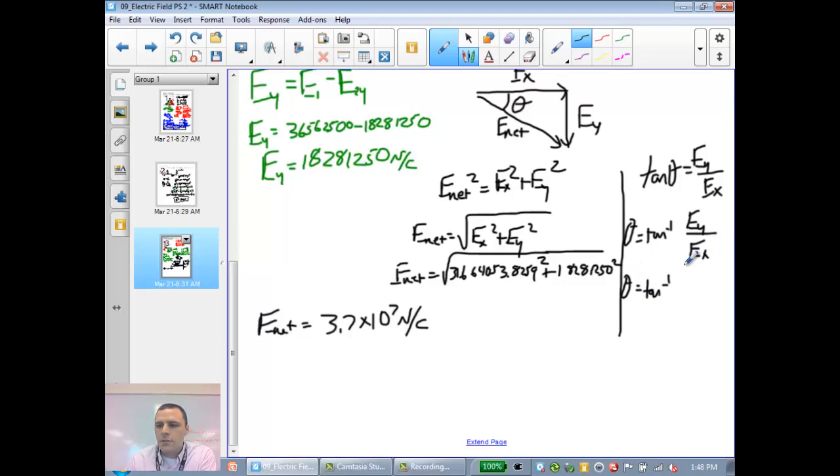Tan inverse of 18,281,250 divided by 31,664,053. I can't fit it on the screen, but you can pull the number over. And that angle was 30 degrees, which turned out to be really nice.